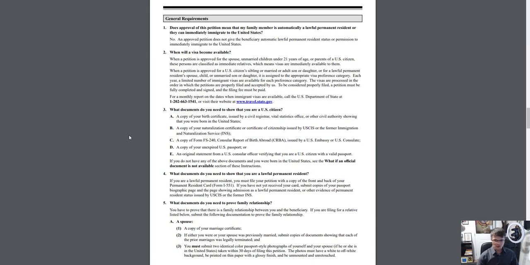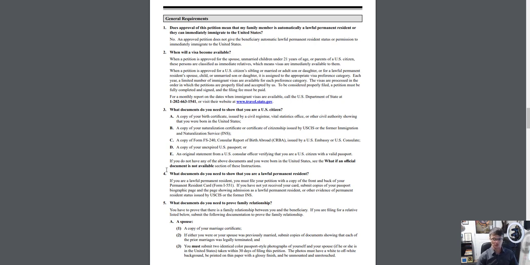Okay, what documents do you need to show that you are a US citizen? In case if you are a US citizen, a copy of your birth certificate will do, a copy of your naturalization certificate in case if you weren't born here but was naturalized. That's what you will have, a naturalization certificate. A copy of Form FS 240 consular report of birth abroad, in case you were born abroad.